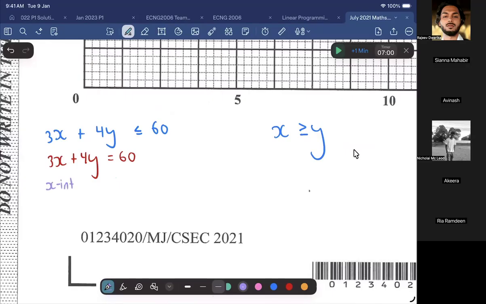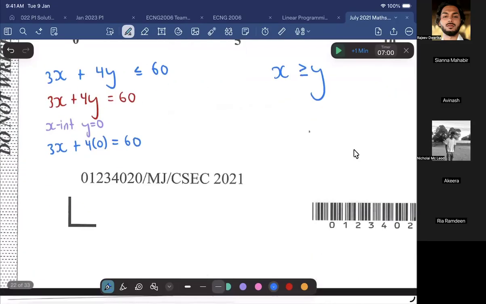At the x-intercept, what do we know? Y is 0. What do I write in the next line? 3x plus 4 open bracket 0 equals 60. What next? 3x is equal to 60, sorry.